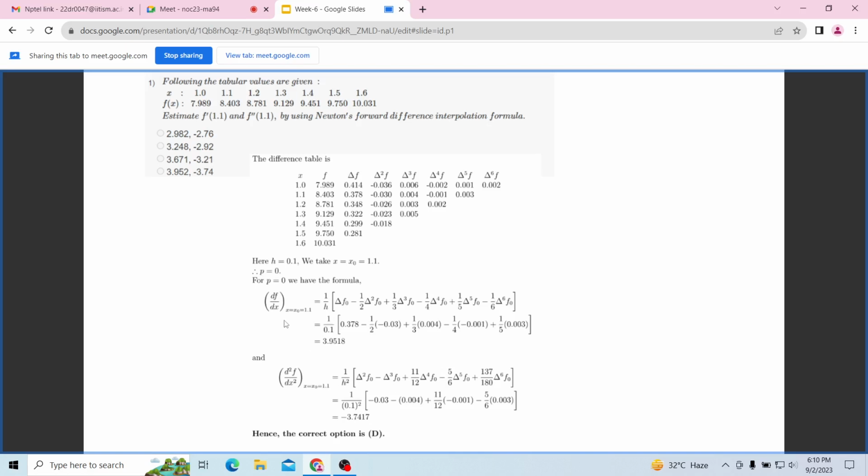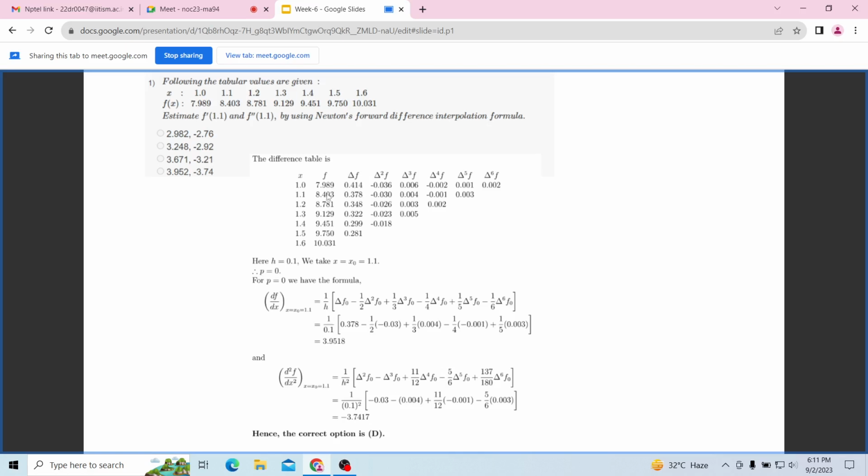So the correct option is D. Here, first you will calculate the difference table. Just write the x column and the corresponding f of x column, and then calculate del f, that is the forward difference. As we did in the previous assignment sessions, you can calculate this 0.414.